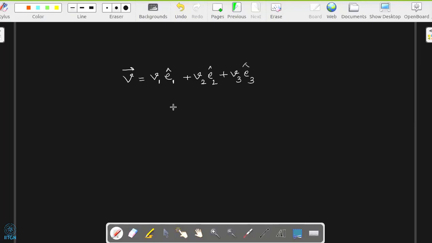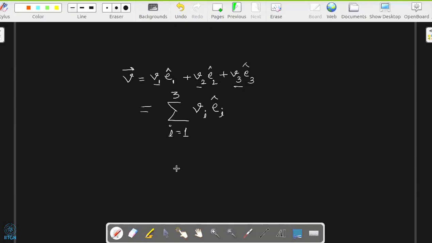Again here, v1, v2, v3 are scalar quantities, and e1, e2, e3 are the vector quantities. So these are the base vectors. Now can we write this with a summation sign, i equal to 1 to 3 of vi ei?